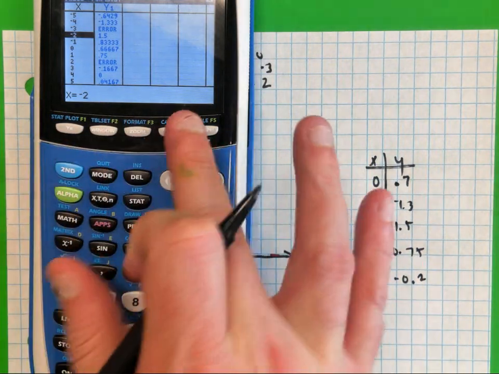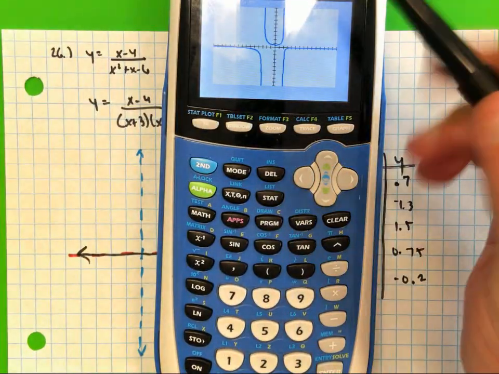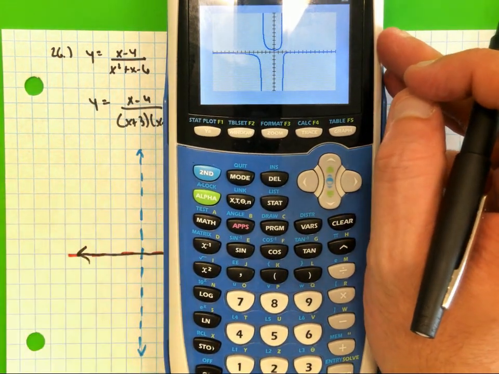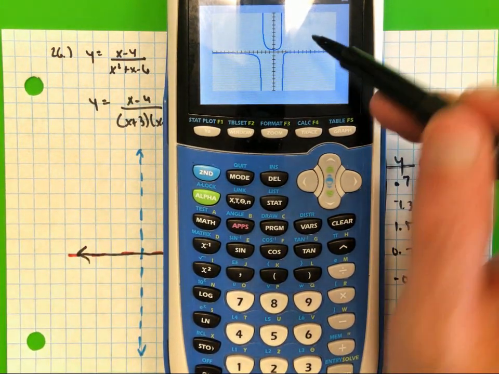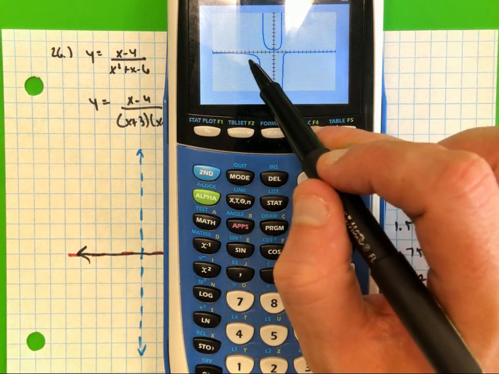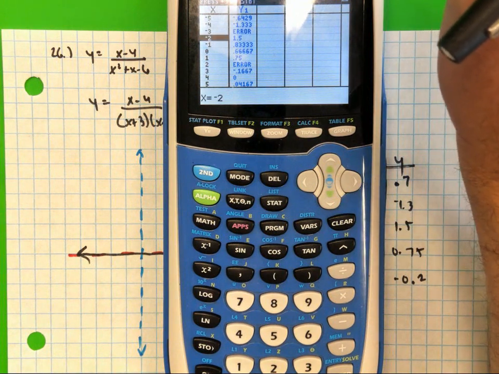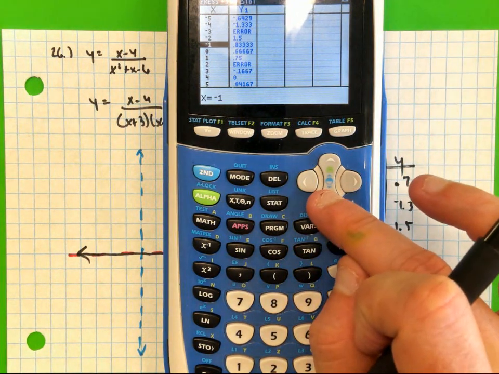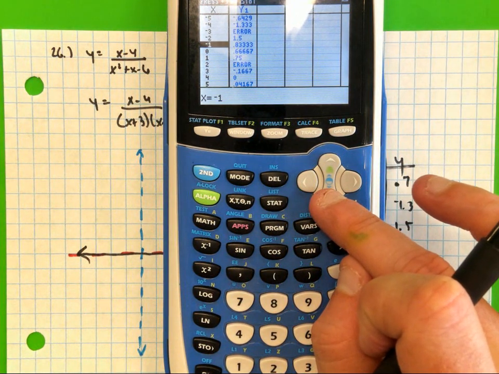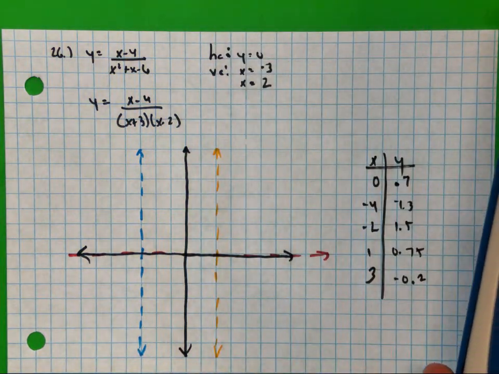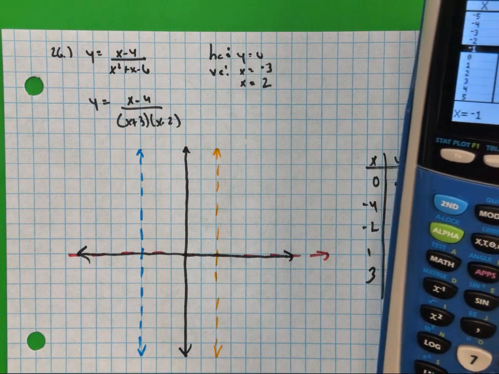There was some question about the graph right here. The horizontal asymptote is at y equals 0. I should have checked the table, but I noticed that it didn't appear in it. But if you check the table, it does go above zero.